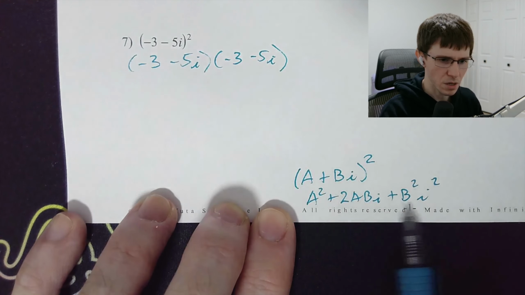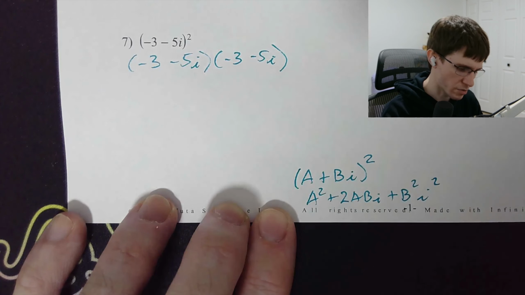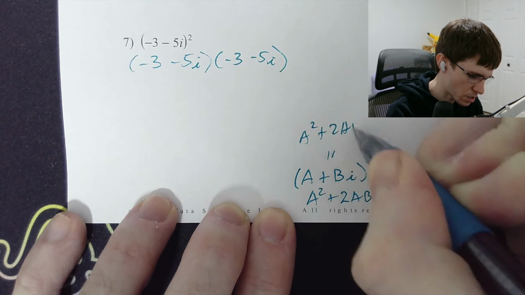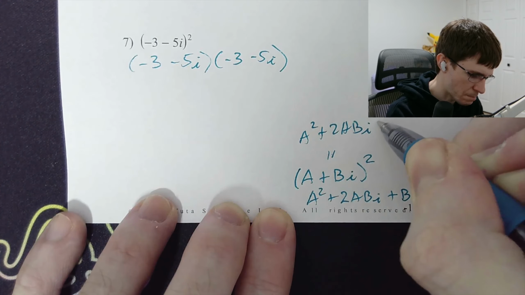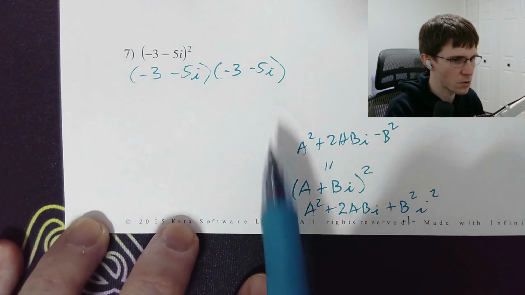Well, that i squared is negative 1 in front of that b squared. So in fact, this thing ends up equaling a squared plus 2abi minus b squared.